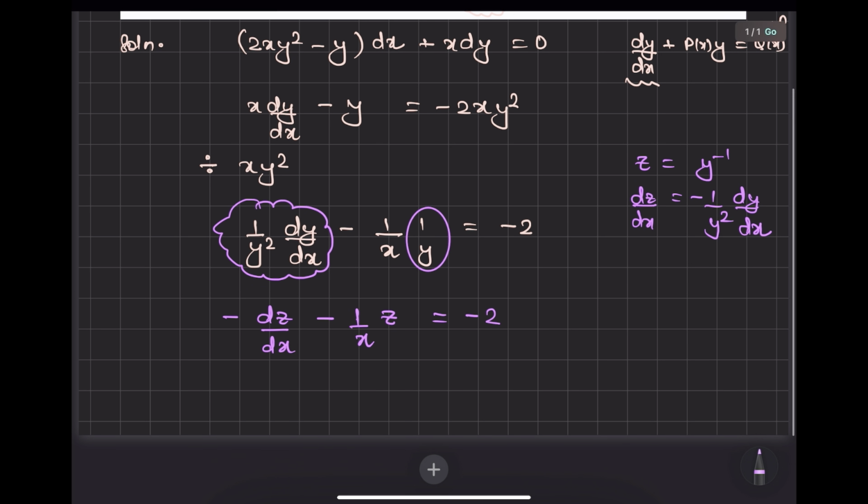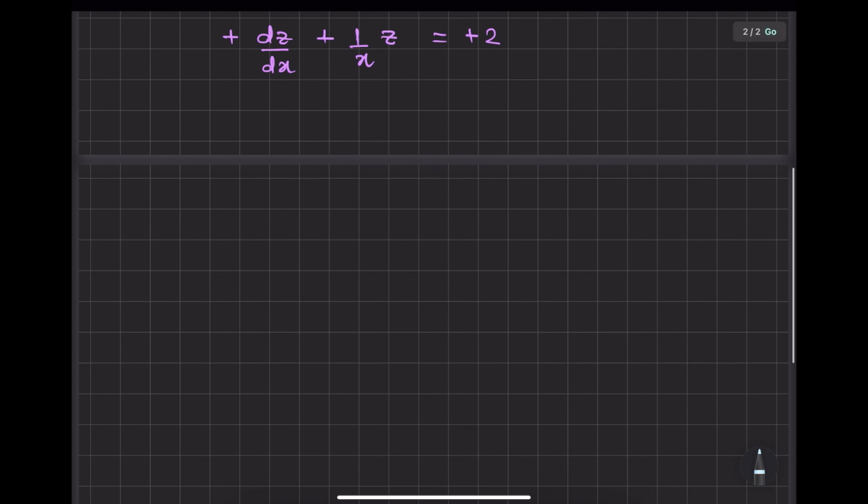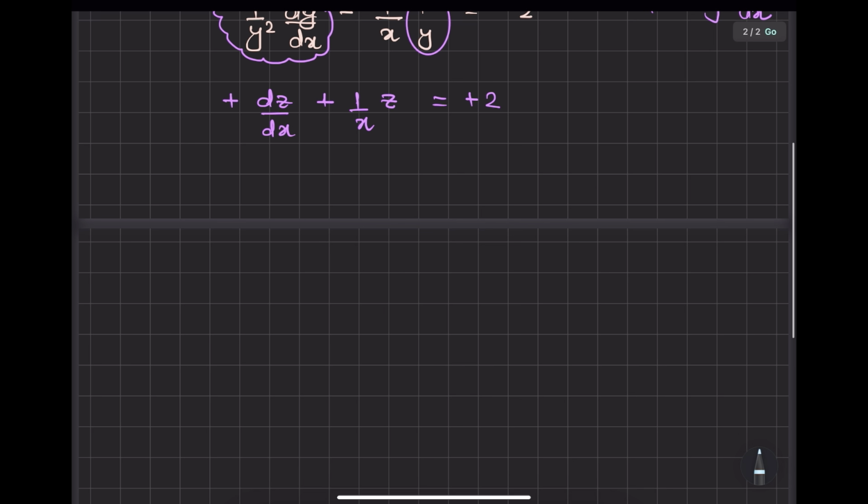Now can I multiply both sides by minus? So we will have plus, plus, plus. Now if you observe, you have successfully converted it into the required form. Now let's apply that formula.